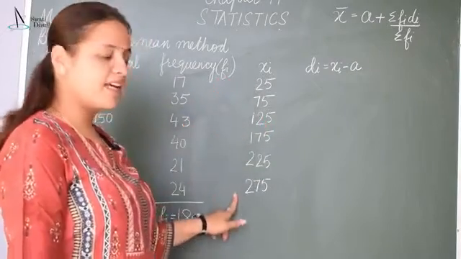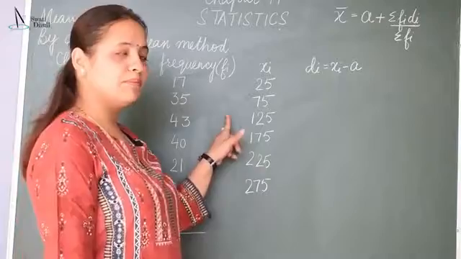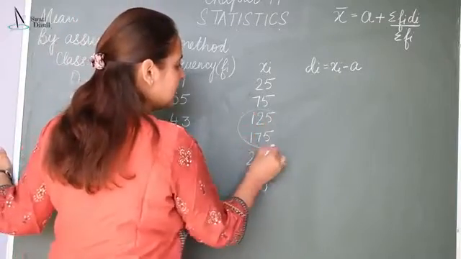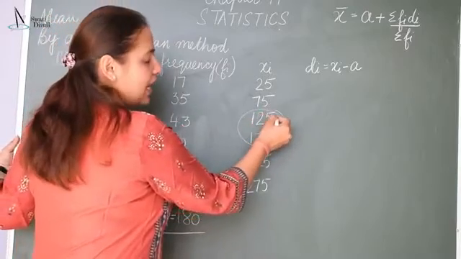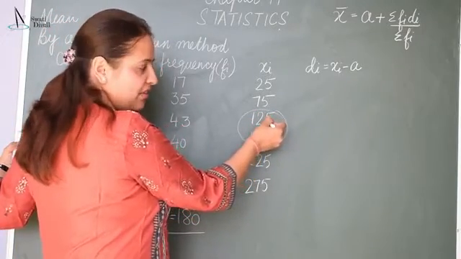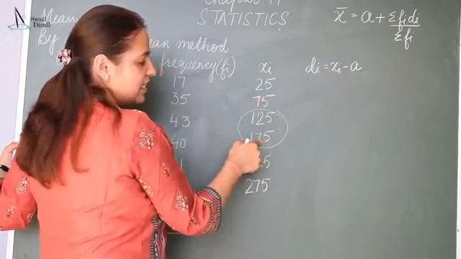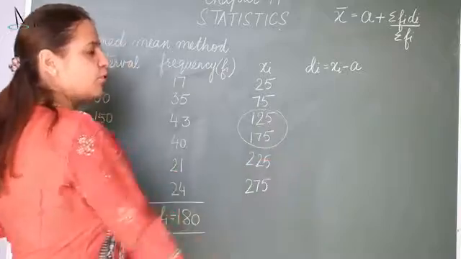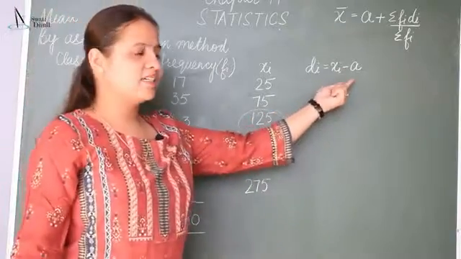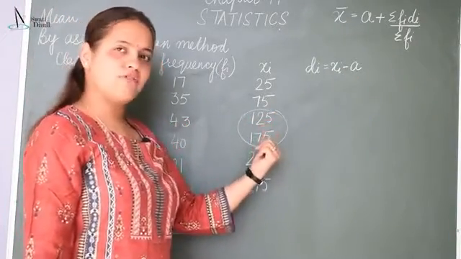Here we have 6 values, so the middlemost values are these 2 values. I can consider either 125 as a, or 175 as a. It is up to you, whatever you want to consider as a, either 125 or 175.